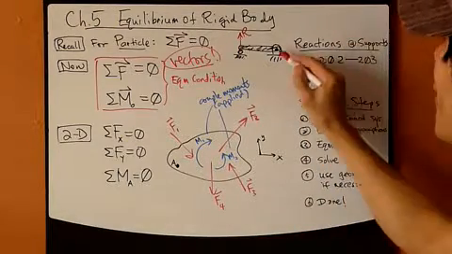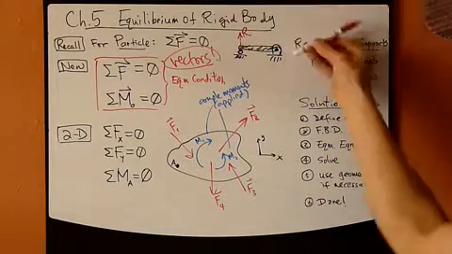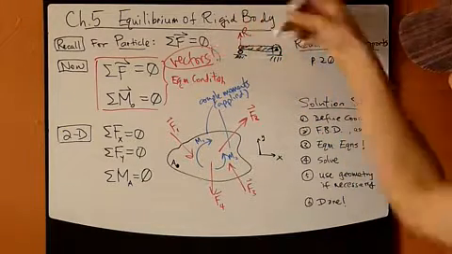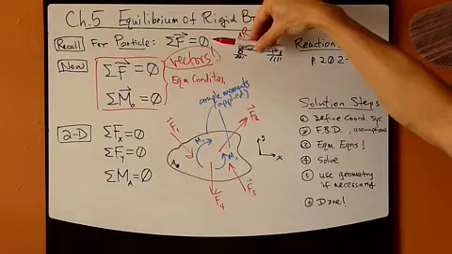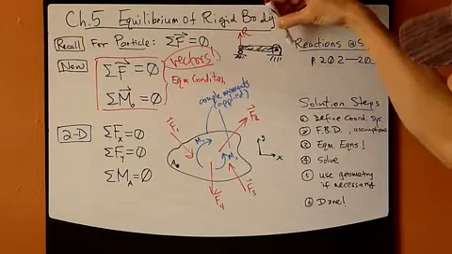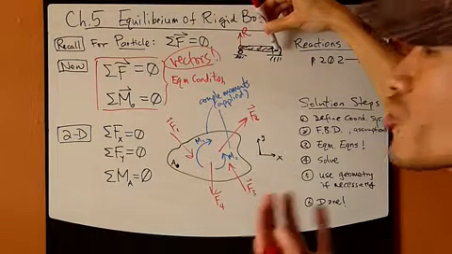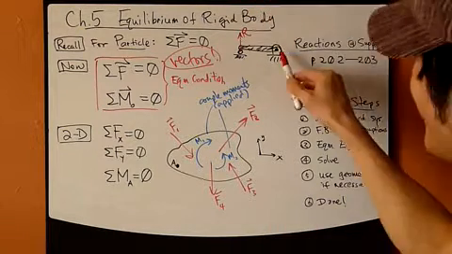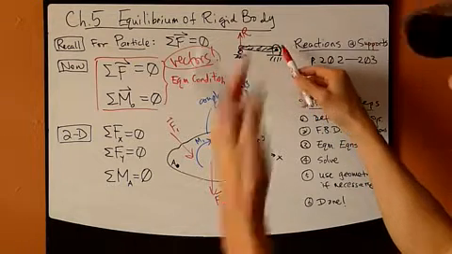Now this pivot right here. This rigid body is free to rotate like this. So at this pivot point, let's look at the resistance. We're constraining the motion of this rigid body at this point in both x and y direction.